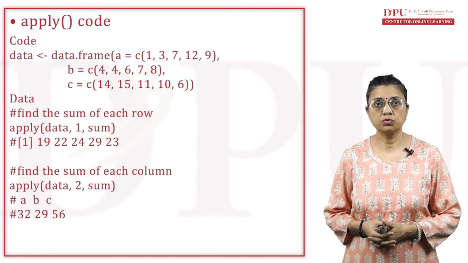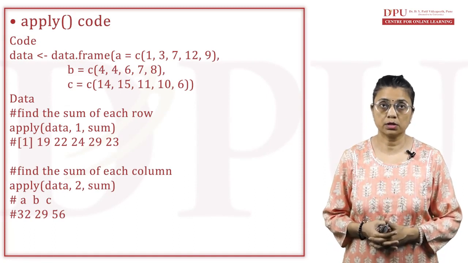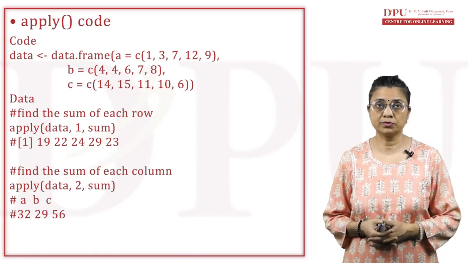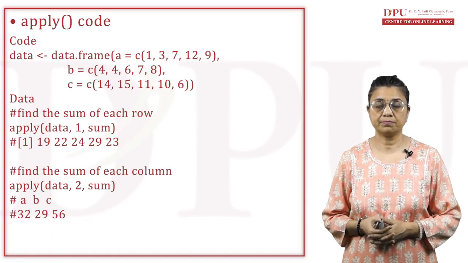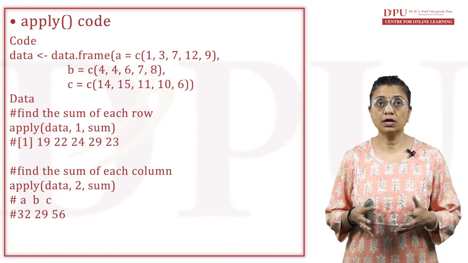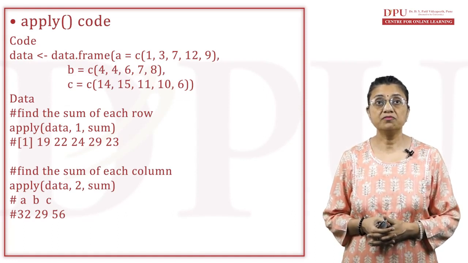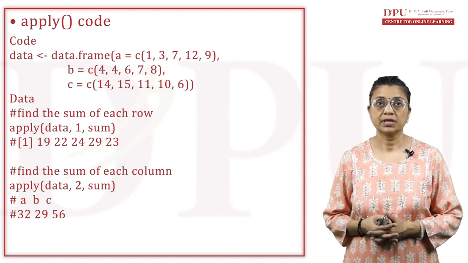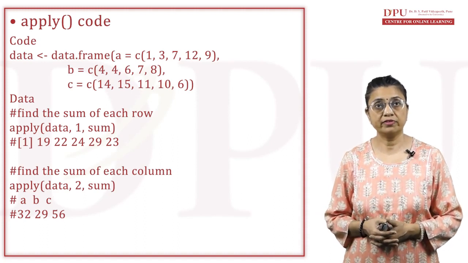Now, let's come to the code and understand how it works. The upper part of the code is creating a data frame. We have called the data.frame function and created a variable data, which is of data type data frame.